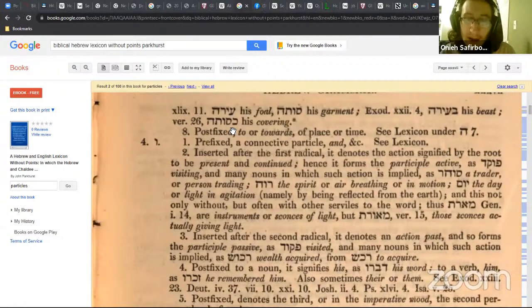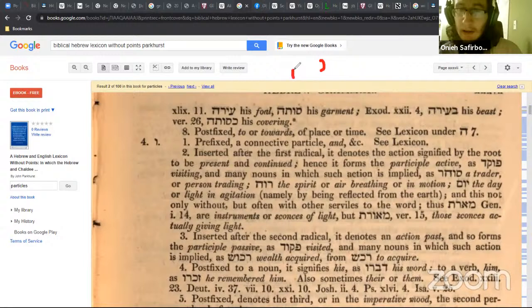And then it can also mean "to" or "towards." So if you say the word for sea, yam, the word for yam in Hebrew is yod mem.